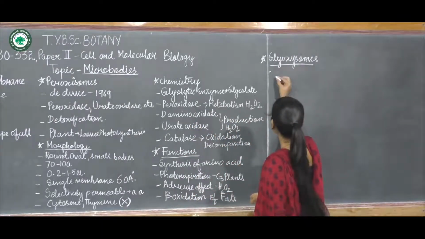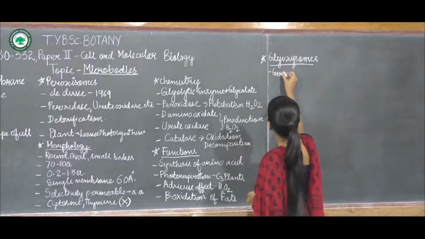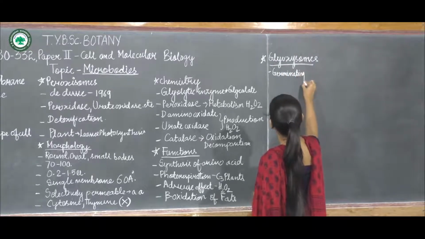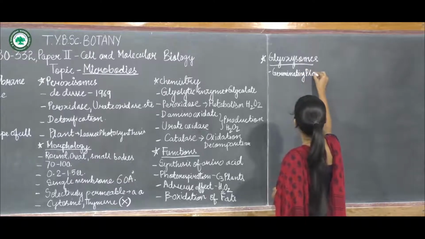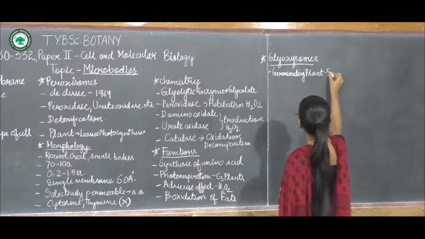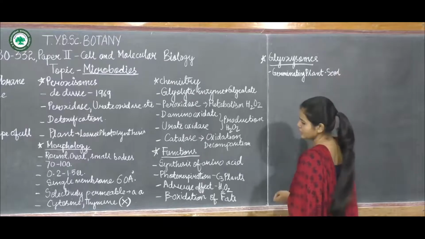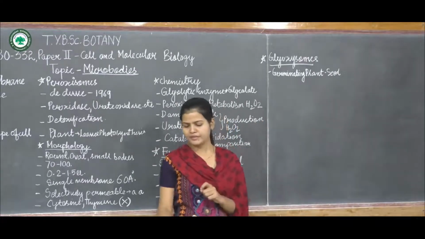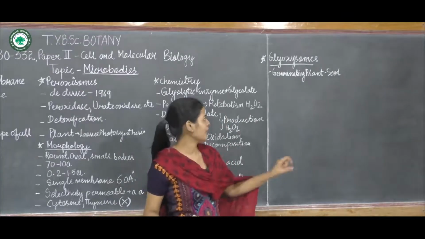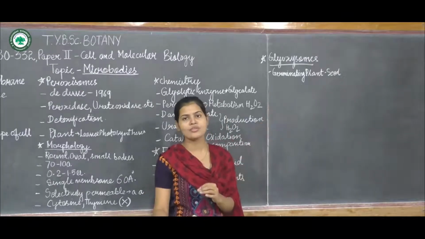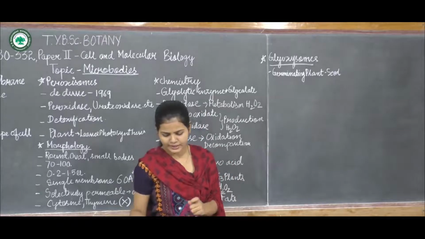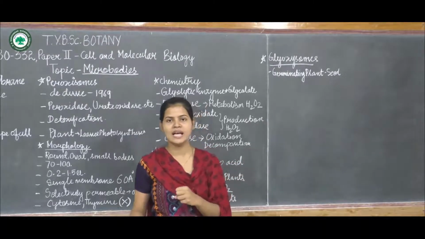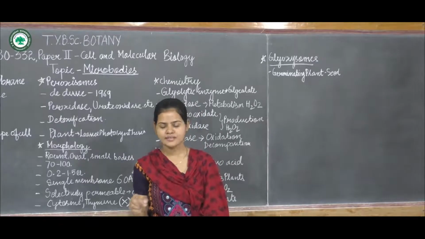So they are seen in the germinating plant or the seed, and in the matrix of the glyoxysome there is presence of amorphous protein, and it will have a unit membrane, that is a single membrane.